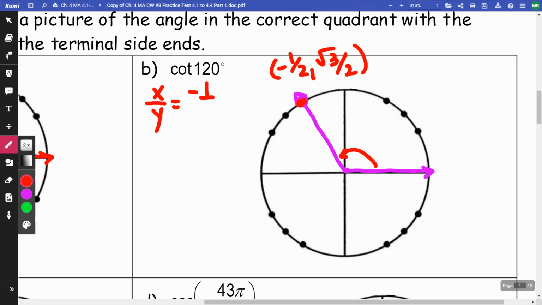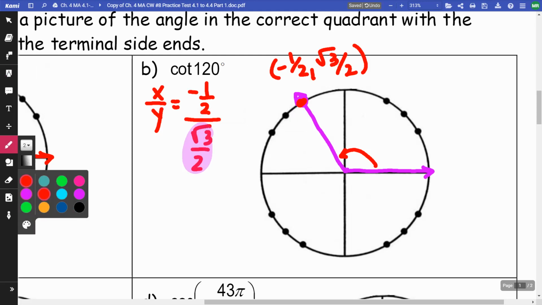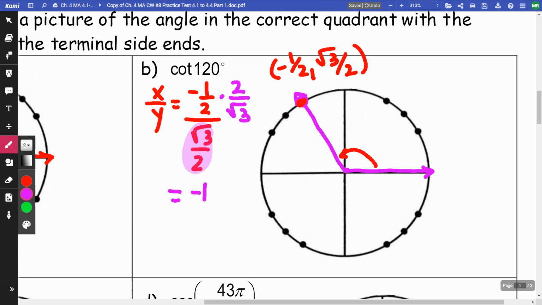So I'm going to have my negative 1/2 divided by root 3 over 2. Now, when I divide by root 3 over 2, I'm really going to be timesing by the reciprocal, okay? And so when I do that, I'm going to get a negative 1 over root 3. I'm going to rationalize that, and I get a negative root 3 over 3.